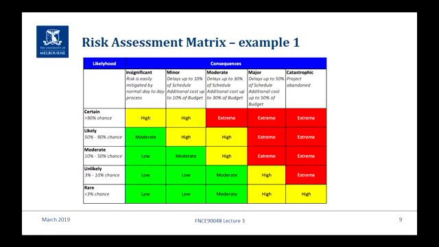And the usefulness of such a matrix is you can tell at a glance which are the risks that you're really going to have to deal with, the ones that have the most likely impact. The ones in the high and the extreme categories, you have to do something about them.